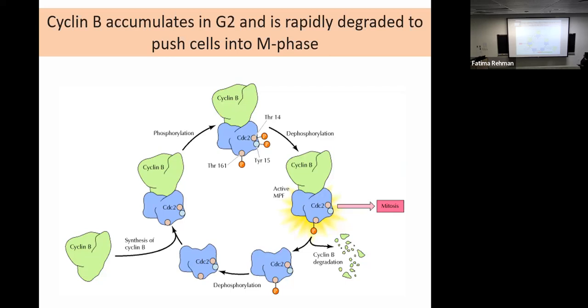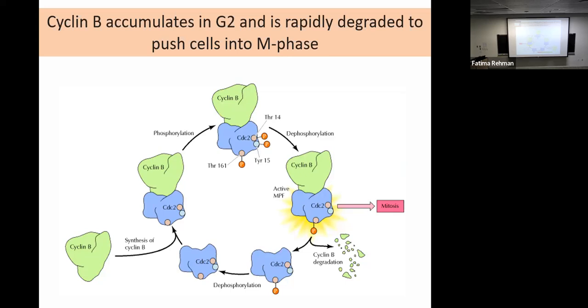So what happens in that process is that you have your activated MPF, it's going to trigger mitosis, and the cyclin B is going to be rapidly degraded as well. So that is basically how it works. And now you have your CDC2. It is no longer phosphorylated and it's just kind of hanging out. You'll get, again, in the next round of G2, cyclin B synthesis.